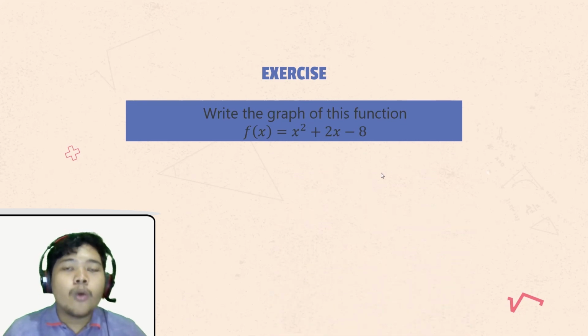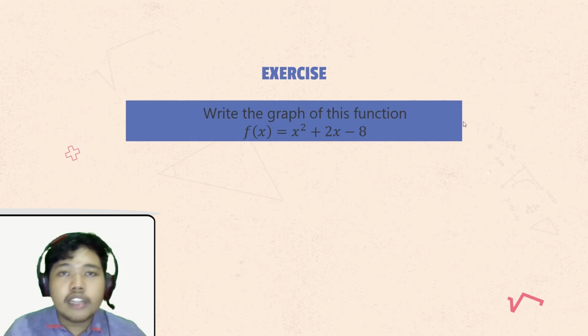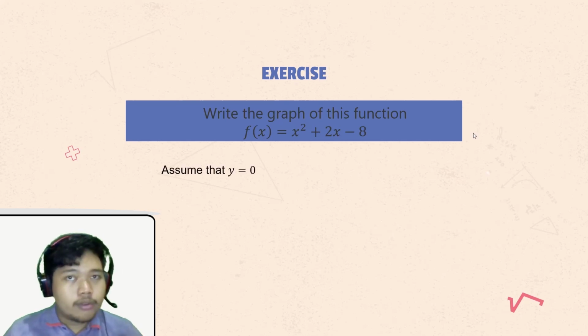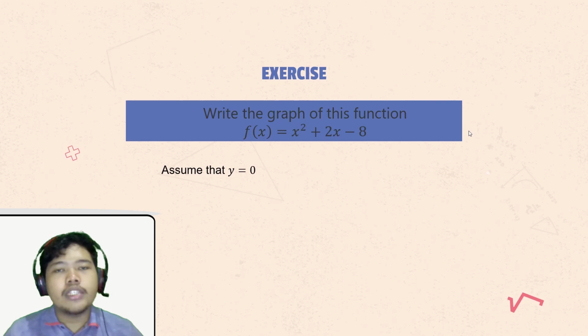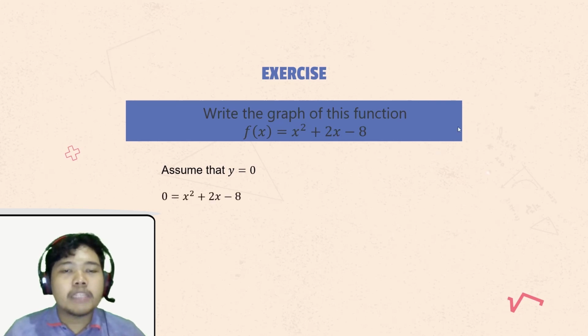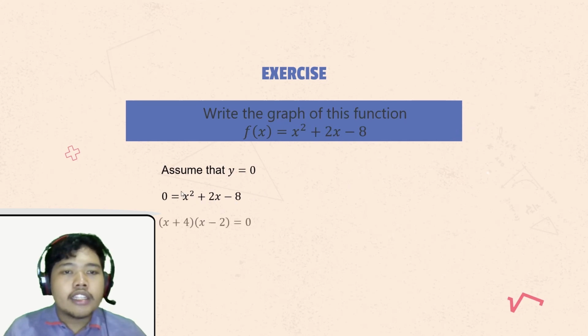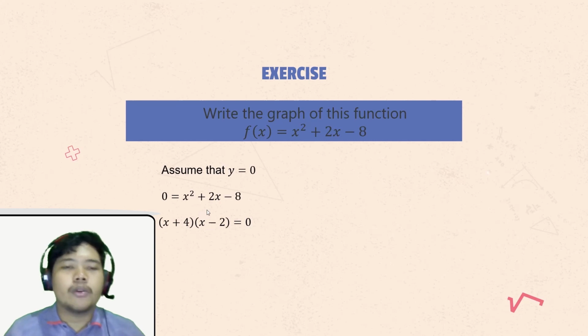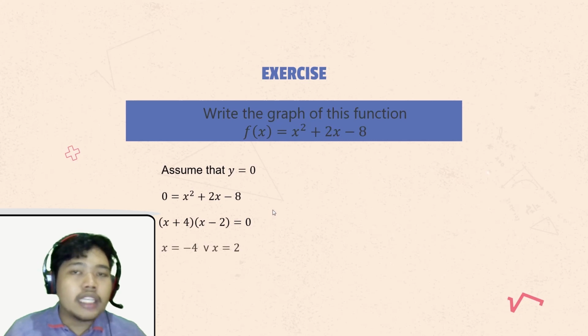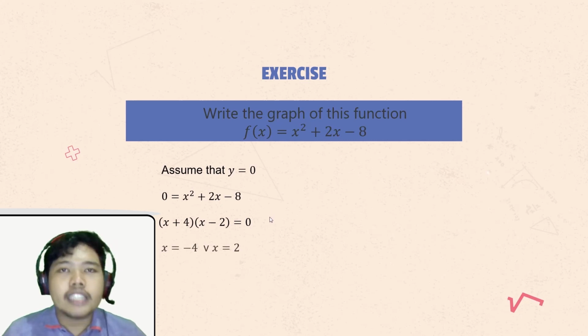Next, the second step, we will determine the intersection with the x-axis. To determine it, we must assume that y is equal to 0. If y is equal to 0, then 0 must be equal to x squared plus 2x minus 8. And then this factors into (x plus 4) times (x minus 2) is equal to 0. Okay, so because of that, we can find that x is equal to minus 4 or x is equal to 2.